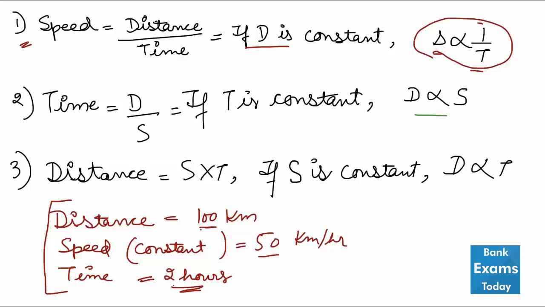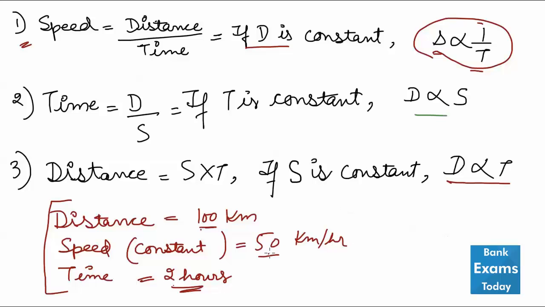So the last derivation: distance is equal to speed multiplied by time. In case the speed is constant, the distance is directly proportionate to time. Let's explain with an example.